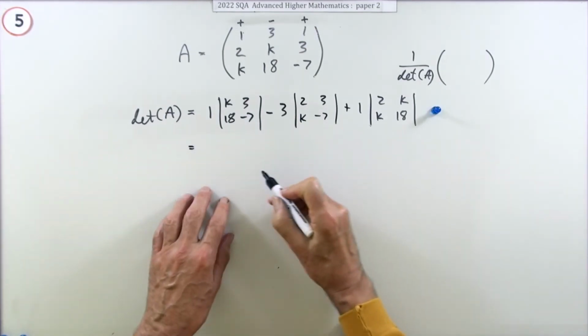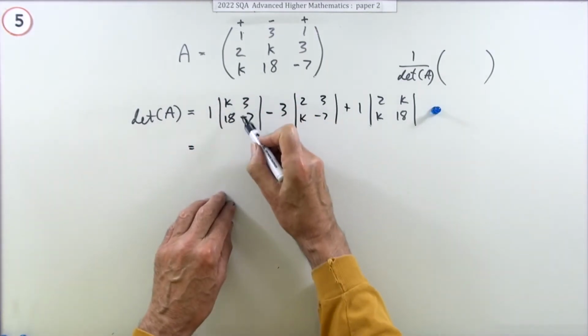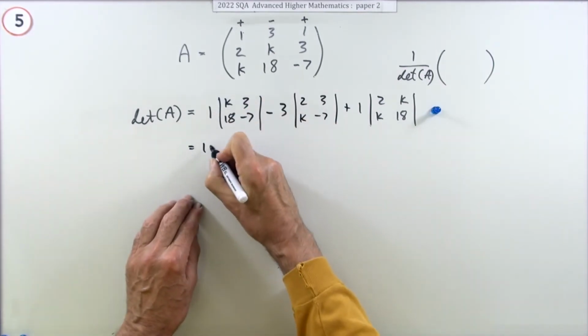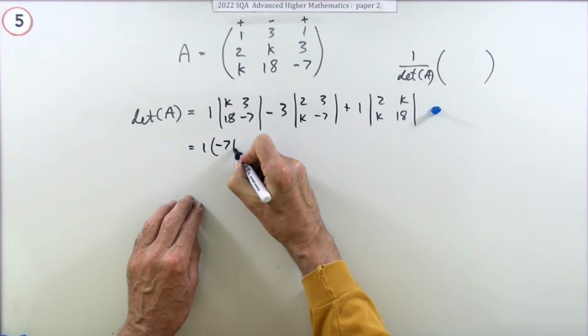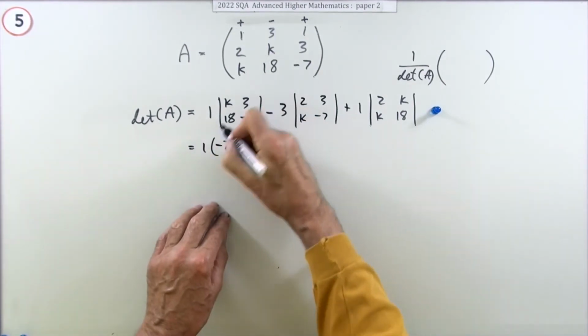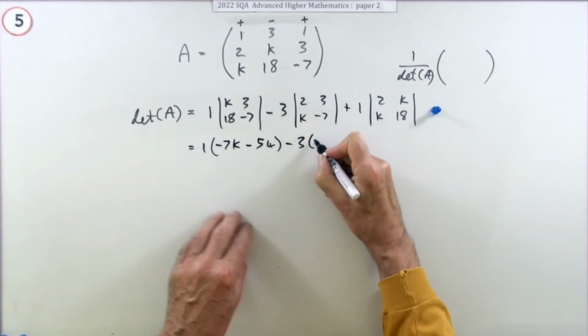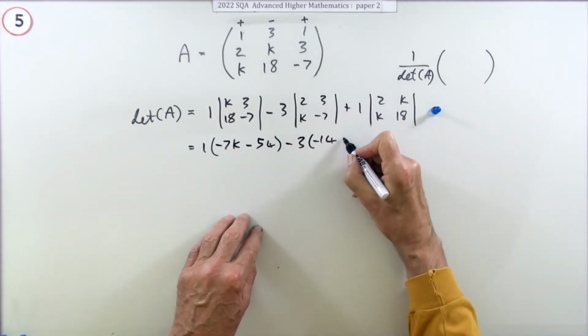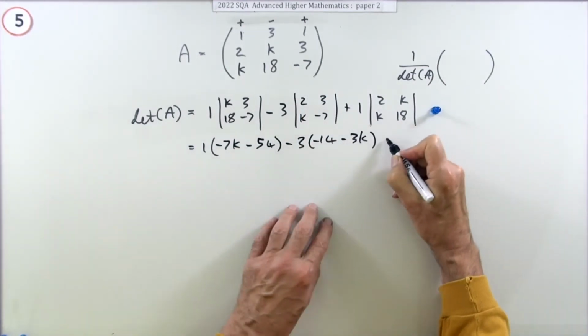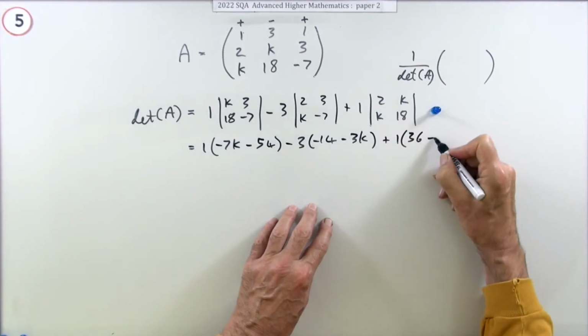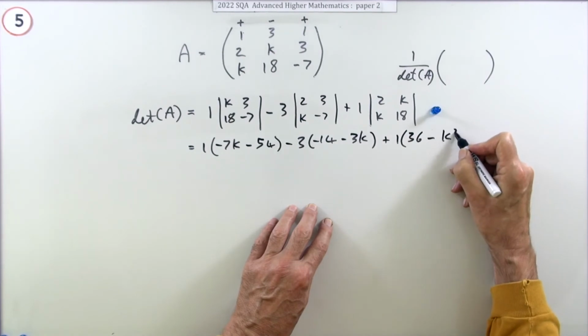So working it out, well, the determinant of a 2 by 2 matrix is simply the product of the main diagonal minus the other product. So it'll be 1 times negative 7k, but minus 54, minus 3 times minus 14, minus 3k, plus 1 times 36, minus k squared.